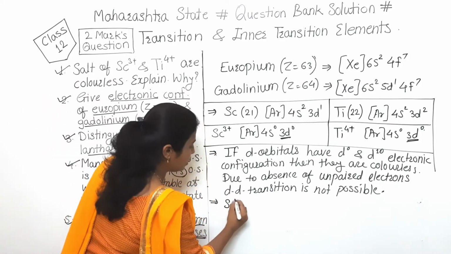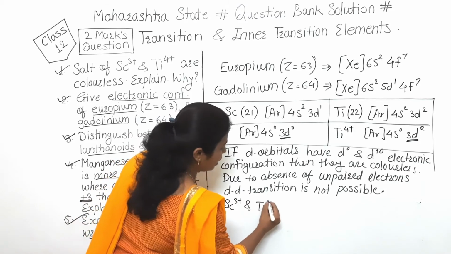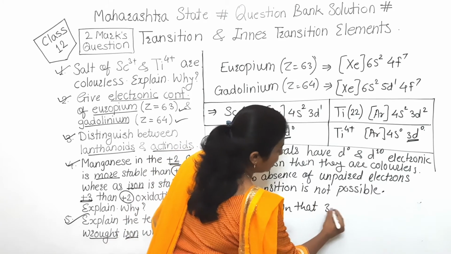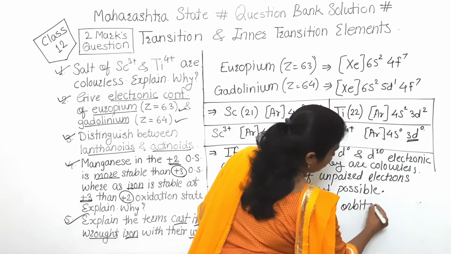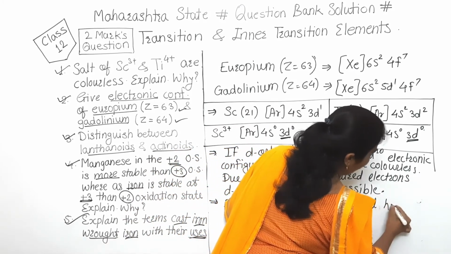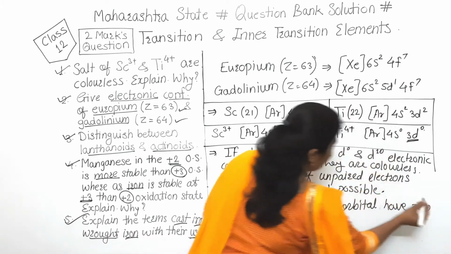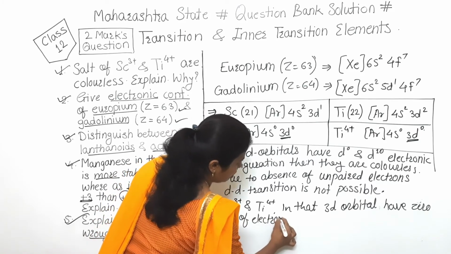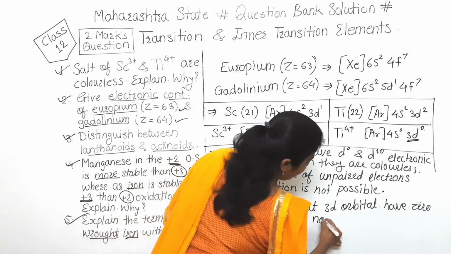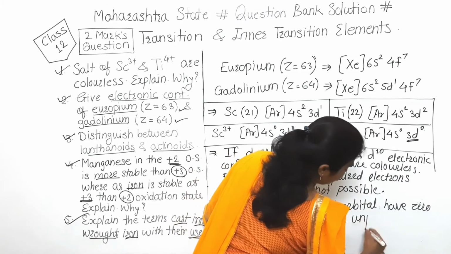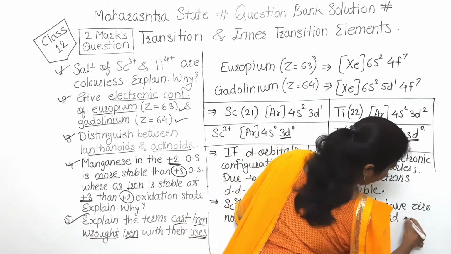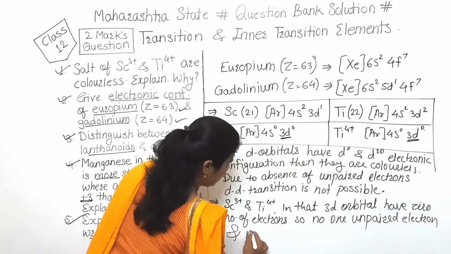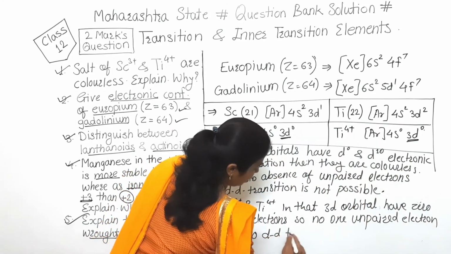So we can write here: scandium 3+ and titanium 4+, in that the 3d orbital has zero electrons, so no unpaired electron, and no dd transition.